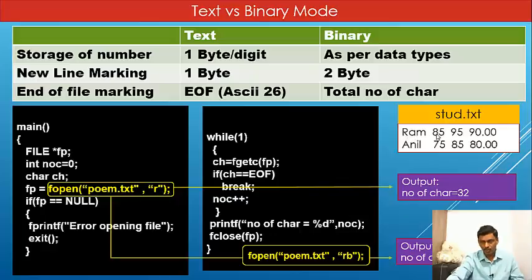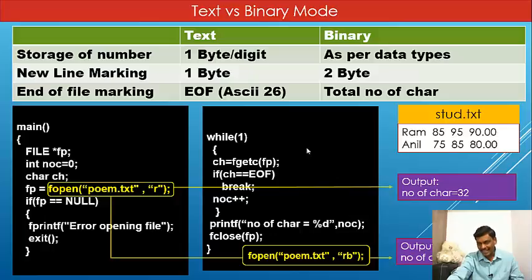So 1, 2, 3, 4, 5, 6, 7, 8, 9, 10, 11, 12, 13, 14, 15. In text mode, 1 byte is required to store 1 digit. It does not follow the data type size. 90.00 occupies 5 bytes, and in a similar way it is also counted.